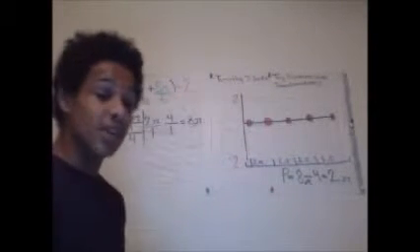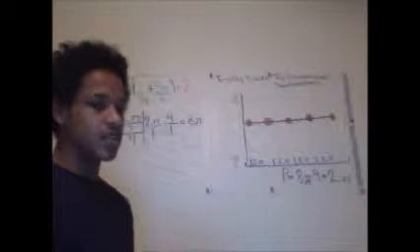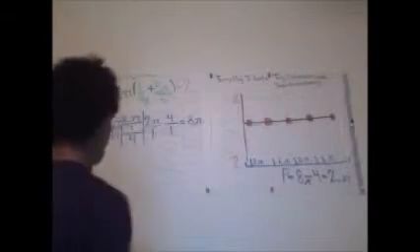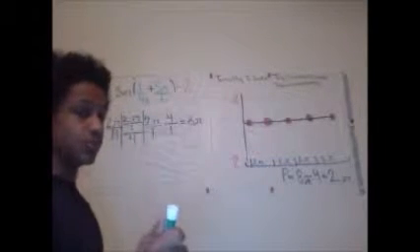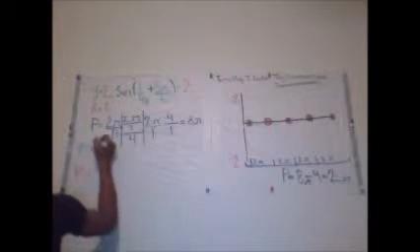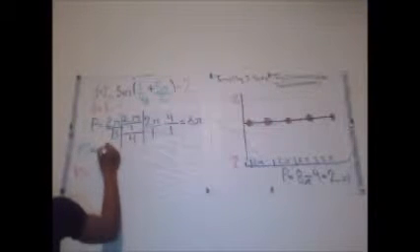How do we find it? Well, there is another formula. This one is easy also. What we would like to do is negative c over b.